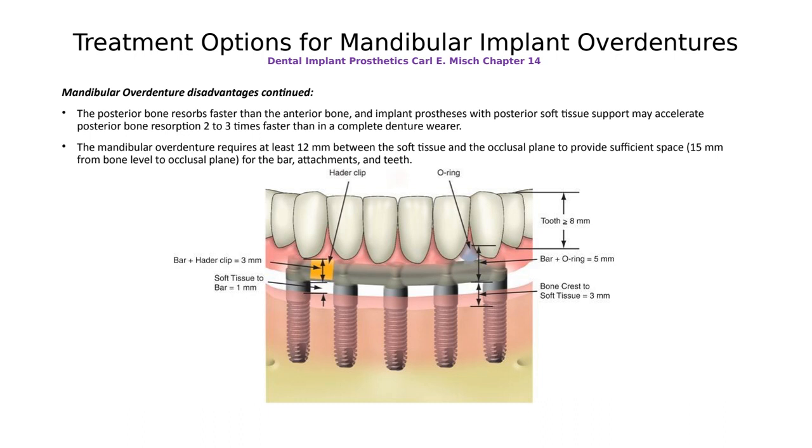So we see now, from a restorative point of view, that there are certain requirements that we have to meet in terms of parameters, dimensions. We need to have at least 12 millimeters from the gum to the occlusal plane to allow for the bar and also for the prosthesis, the dentures.